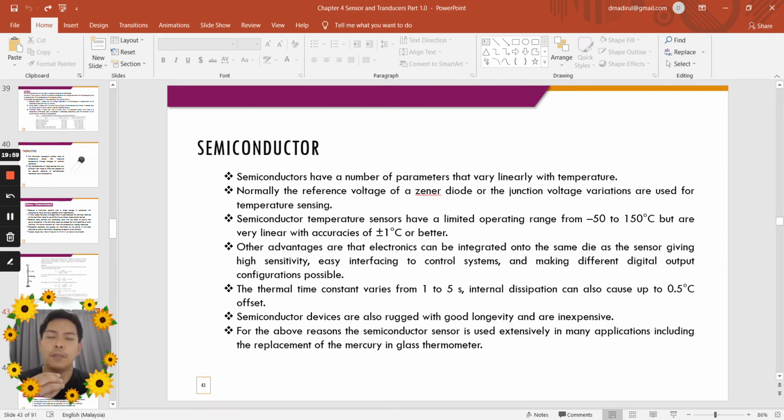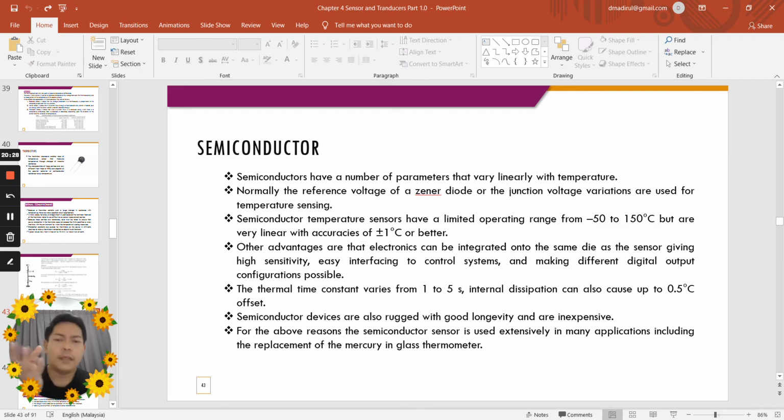Another type of temperature sensor is the semiconductor. Semiconductors have a number of parameters that vary linearly with temperature. Normally the differential voltage of a Zener diode or junction voltage variation is used for temperature sensing. Semiconductor temperature sensors have a limited operating range from -50 to 150 degrees Celsius, but are very linear with accuracy of plus or minus 1 degree Celsius or better.